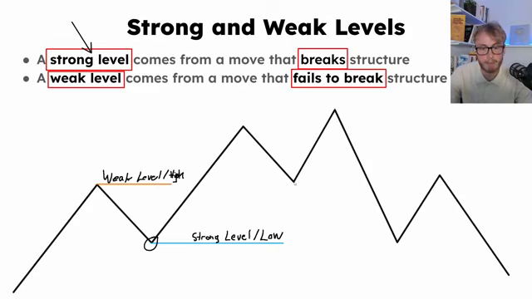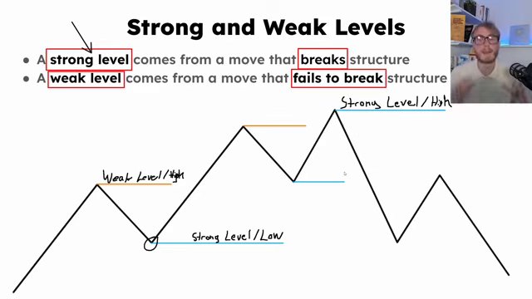And for the same reason, this right here is yet another strong level or strong low because this move broke the previous high. And here we have another weak level because in order for this level to be strong, this move needs to push below this low right here. But what about this move then? Well, this right here is actually a strong level or a strong high. And why is this a strong high? Well, this move breaks the previous low.